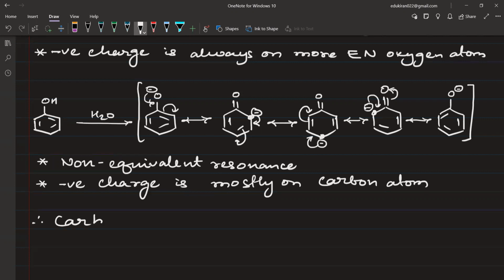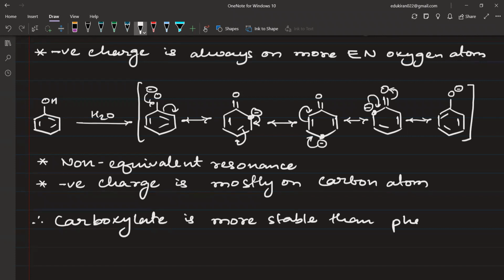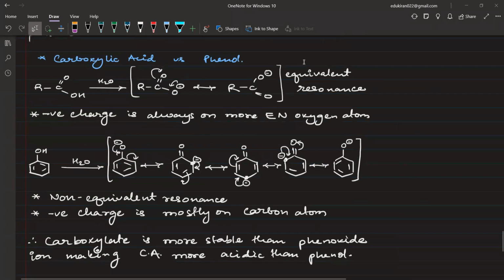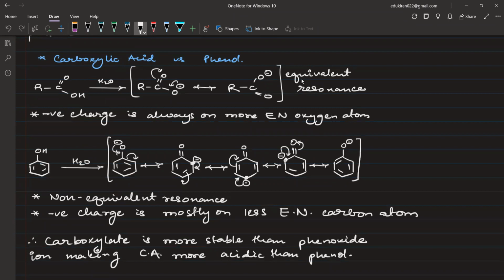Therefore, carboxylate ion is more stable than phenoxide ion, making carboxylic acid more acidic than phenol. Okay, mostly on, write it like this: don't just write carbon atom, write less electronegative carbon atom.